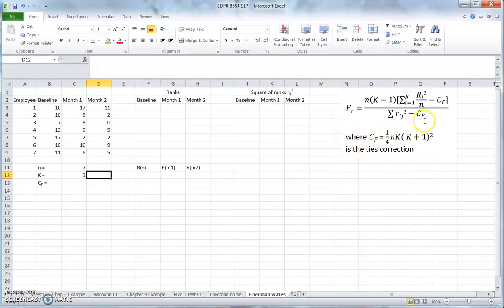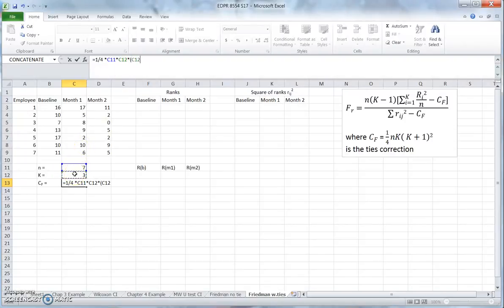And for CF, CF is the correction factor for tied scores. It's not hard either because it just needs the values of N and K to figure out. So let's figure out the value for the CF. That equals 1 over 4 times N times K times K plus 1.